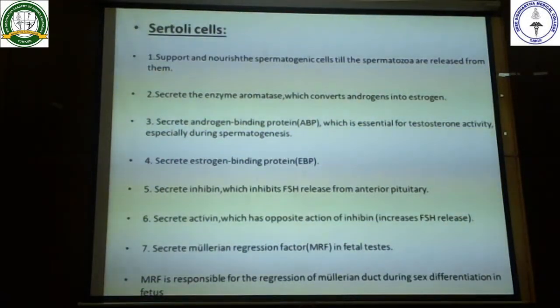By now you may be in a position to answer what the functions are. First it is production, giving support, nourishment, and secretion of various things: aromatase enzyme, androgen binding protein, estrogen binding protein, activin, inhibin, and Mullerian regression factor, which is required for the regression of the Mullerian duct during sex differentiation in the fetus.